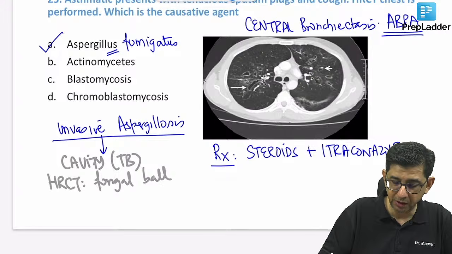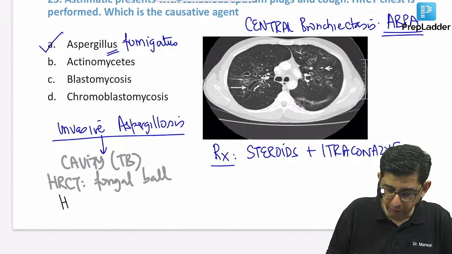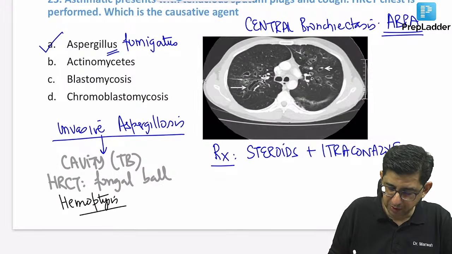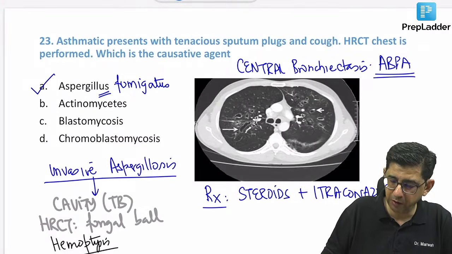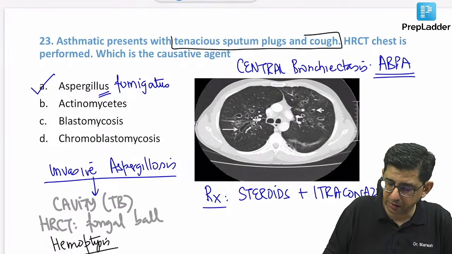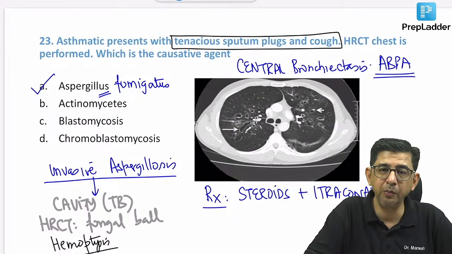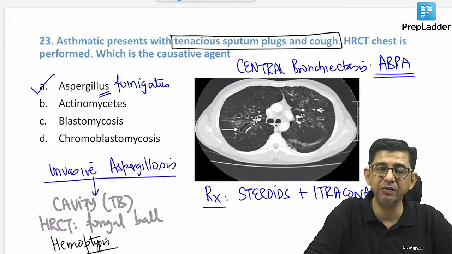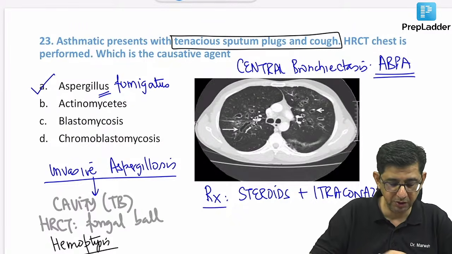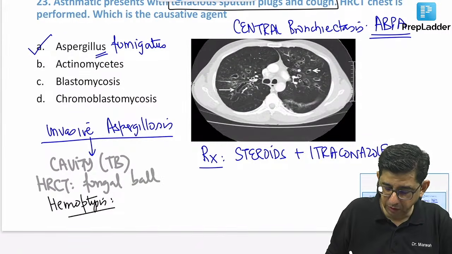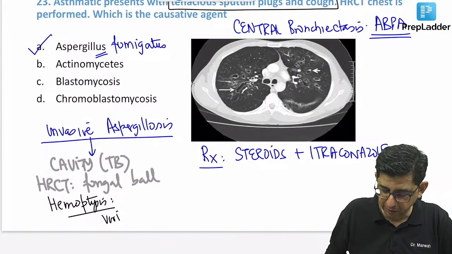And in those circumstances there would be hemoptysis, no? Because invasive aspergillosis presents with hemoptysis. Here, there is no hemoptysis. It is tenacious sputum plugs and a cough present in the patient. So if a person with a pre-existing tubercular cavity has a fungal ball and hemoptysis is occurring, that is when we have to think in terms of voriconazole for the patient.